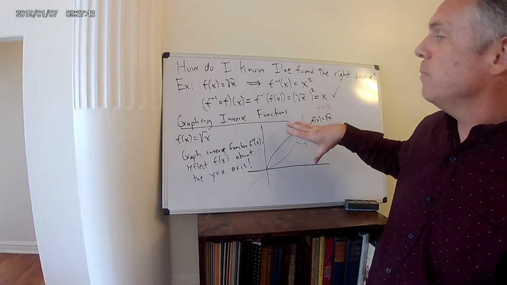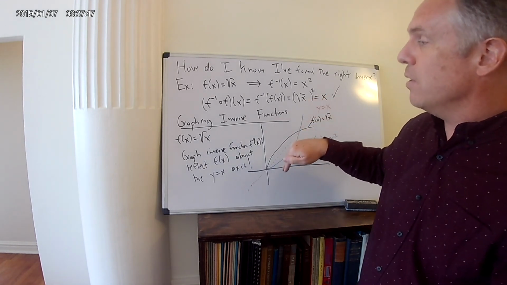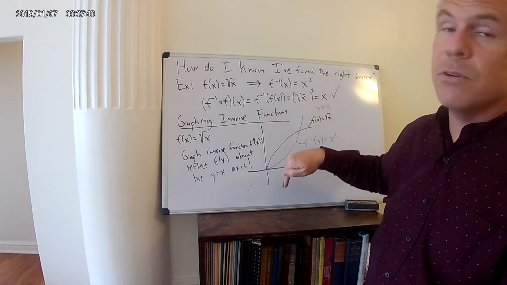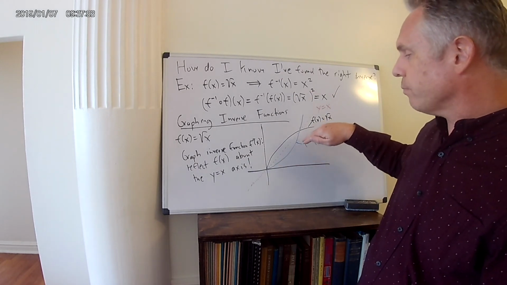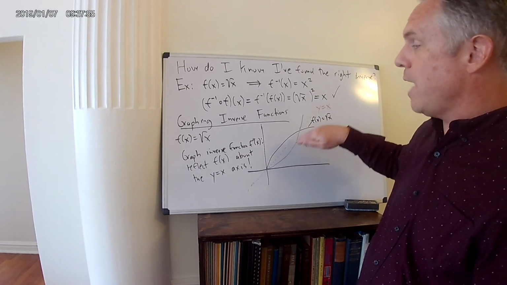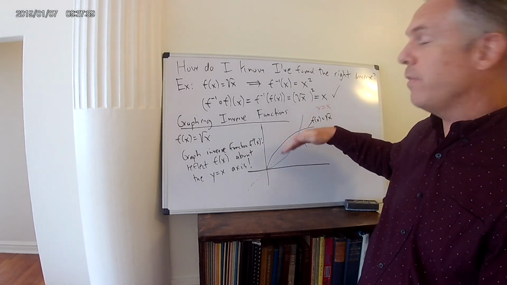And then we finally talked about, if you're given a graph of a function and you want to see what the graph of the inverse function looks like, we know how to do that now. We basically create a line y equals x and reflect the graph of the function about that line.